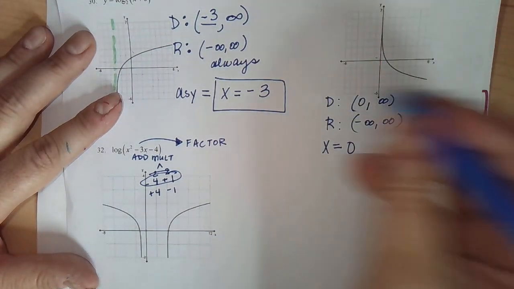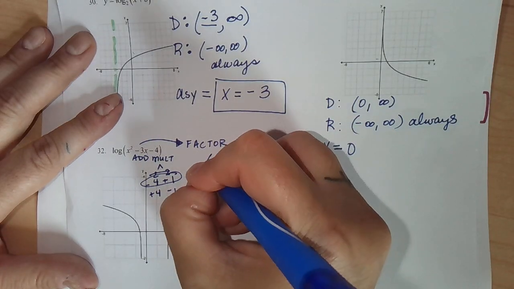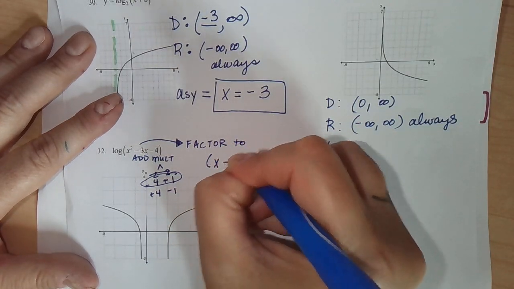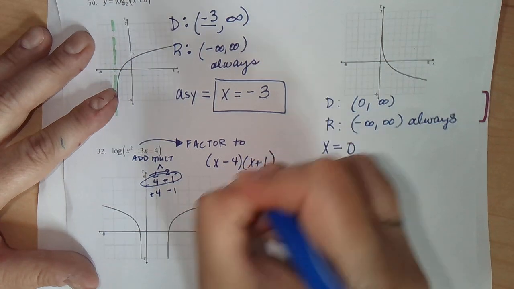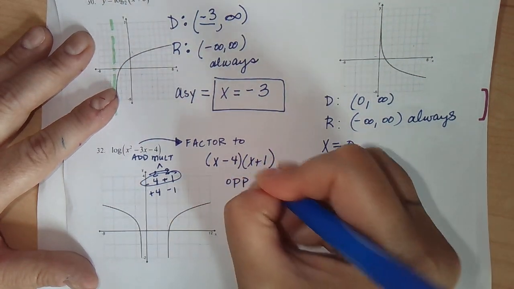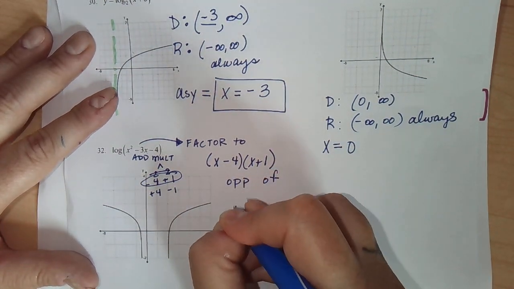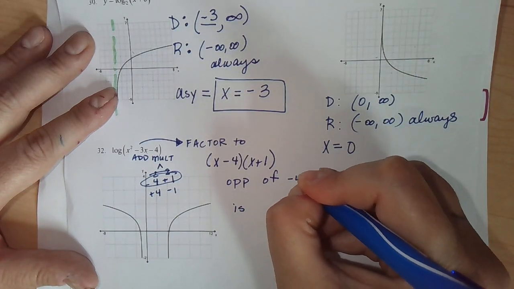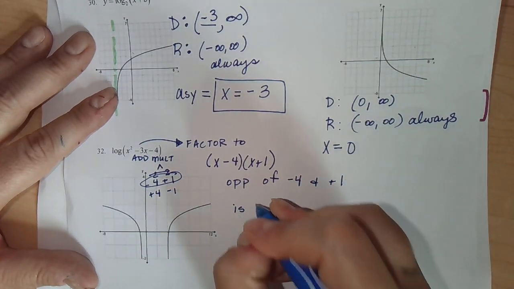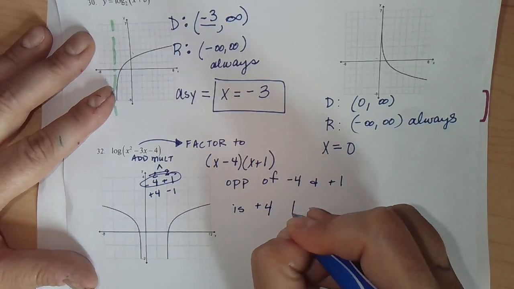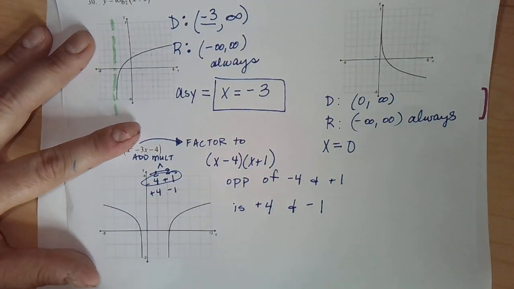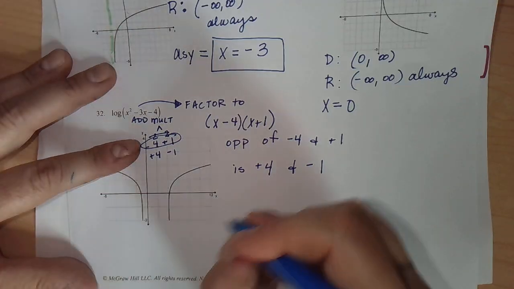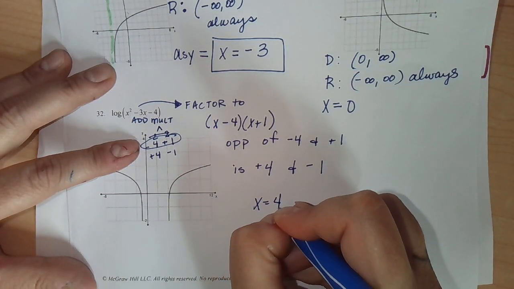So this is the same thing as x minus 4 times x plus 1. And remember, now we need to take the opposite. So the opposite of -4 and +1 is +4 and -1. So my asymptote should be x equals 4.